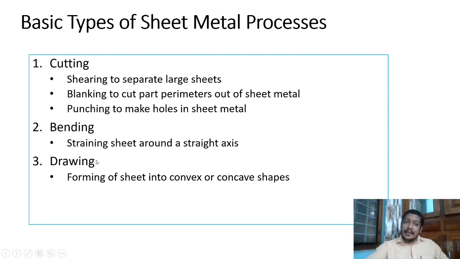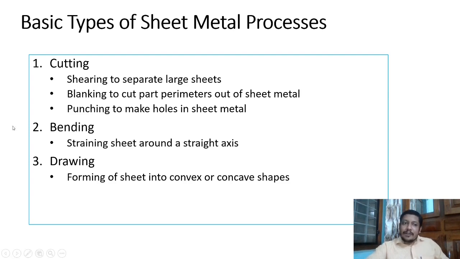So from a large sheet, according to our dimensions, if you are cutting a small portion out of it in various shapes, that is called blanking operation. And cutting a small hole on a sheet metal is called punching operation. So under cutting you will have shearing, blanking and punching operations. We will see the details in the coming slides.